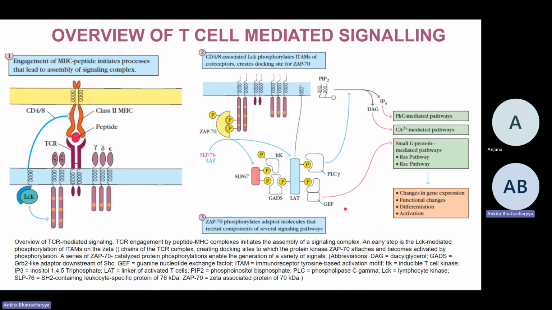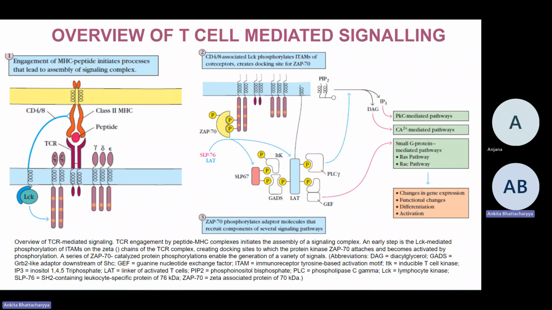The details here have not been mentioned, but basically to sum it up, after the initial interaction between the class 2 MHC peptide and the T cell receptor, which is being studied, you can see that there is an LCK mediated phosphorylation of the ITAMs present on the zeta chain. Second, that allows the docking of protein kinase ZAP70, and its activation is also by phosphorylation.